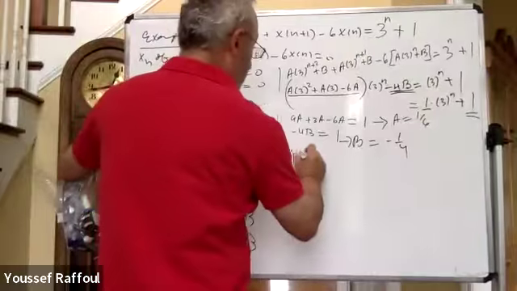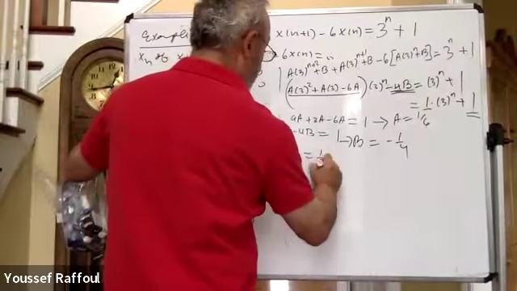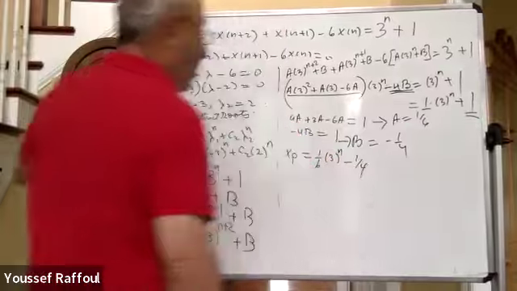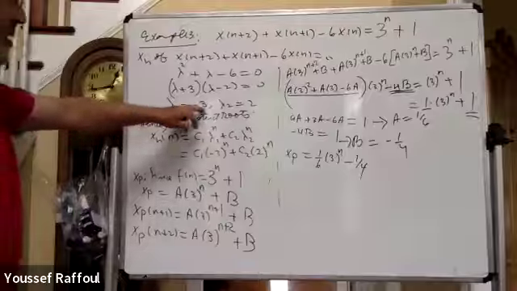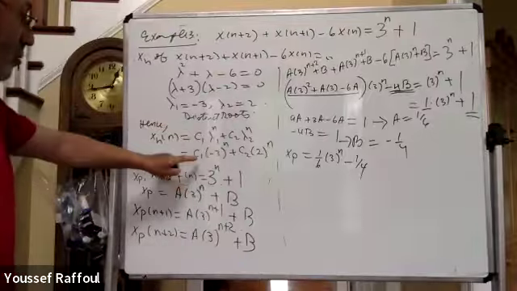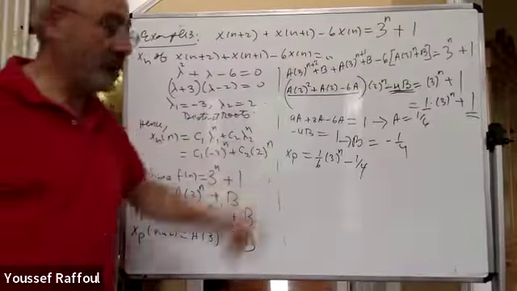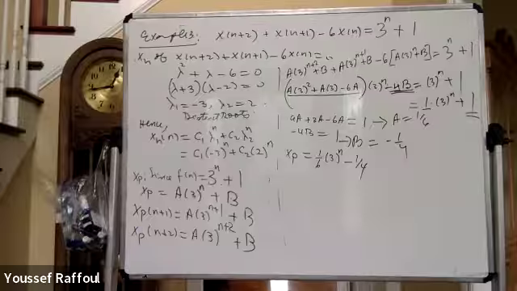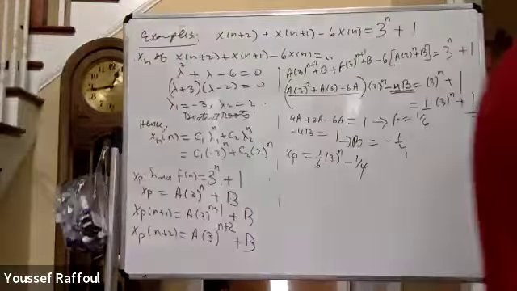So x_p equals 1/6 times 3 to the power n minus 1/4. And then you add these two together. You add x_h to x_p to find the general solution. All right. Any questions?